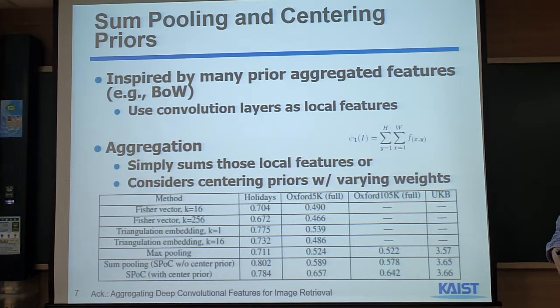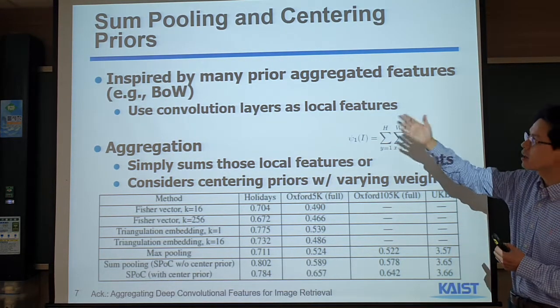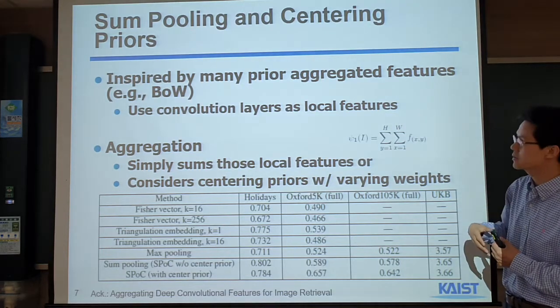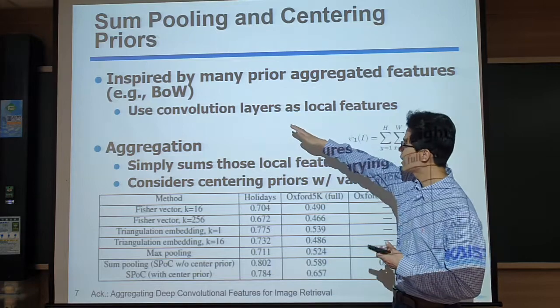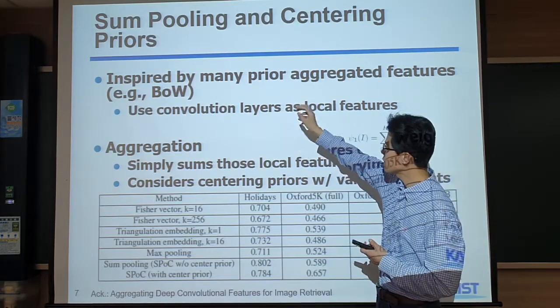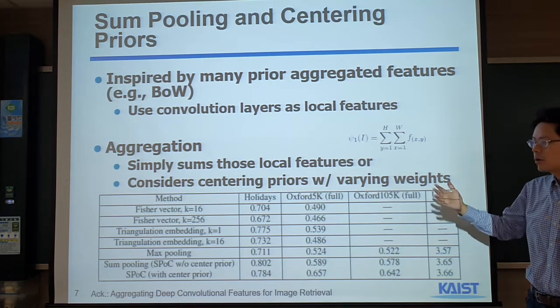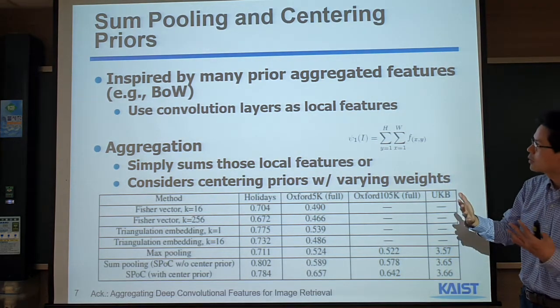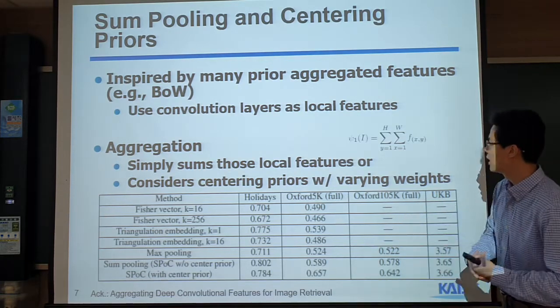In that paper they talked about some sampling and also centering priors. They use the convolution layer features as a kind of local feature, and then they sum the weights of the convolution layer as a feature.